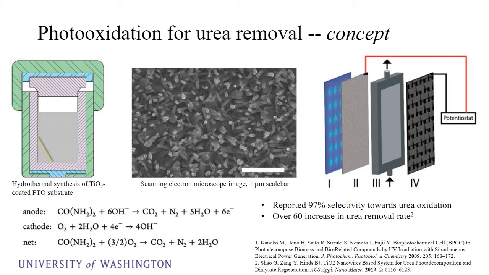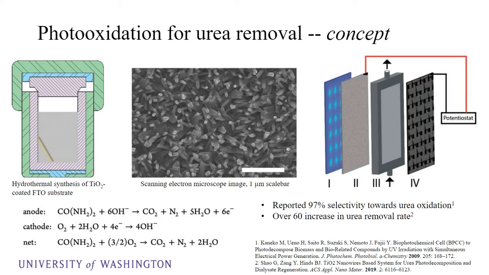And what we did was to optimize the morphology of this TiO2 FTO substrate. As you can see, in the center image is the SEM image of the nanowires of TiO2 we've grown. And then on the very right, you can see the device assembly.